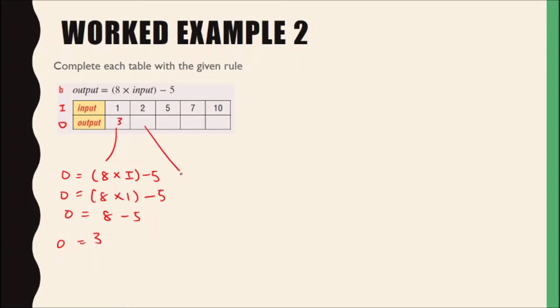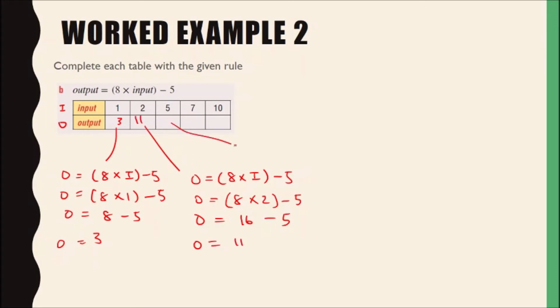We can work all of that out just by substituting the value into the rule. Oh, that's not right, hang on, I've been thrown off a bit. O equals 8 times 2 minus 5. O equals 8 times 2, which is 16, minus 5. O equals 11.